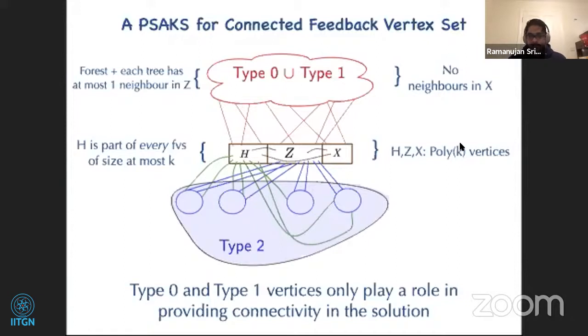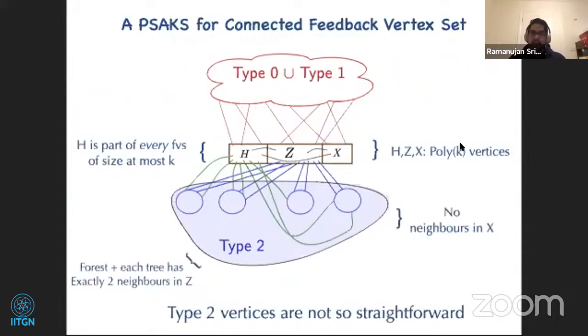Okay, so type 0, type 1 vertices only play a role in providing connectivity. They're not interested in hitting cycles once H is removed. But type 2 vertices are more intricate. They could potentially provide connectivity while also performing some cycle hitting duties.